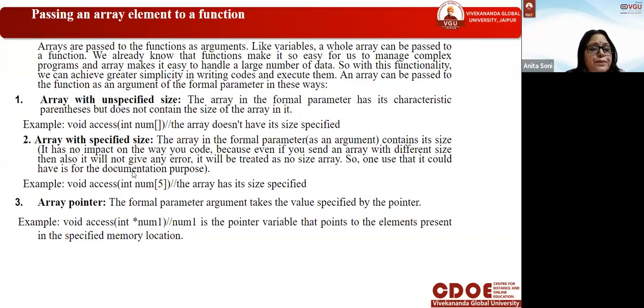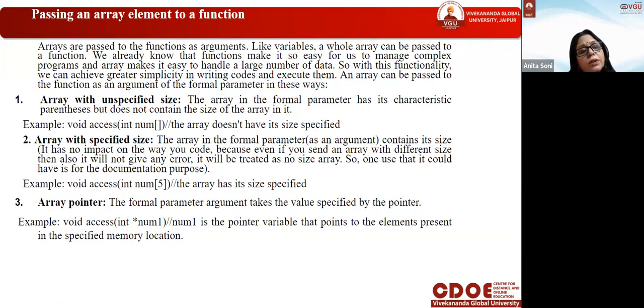And the third is by using a pointer. What is a pointer? A pointer is a variable that stores the address of another variable. By using a pointer, indirectly, you can access the value of a variable.